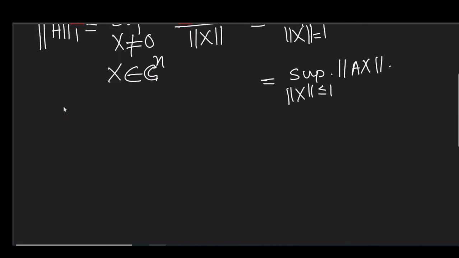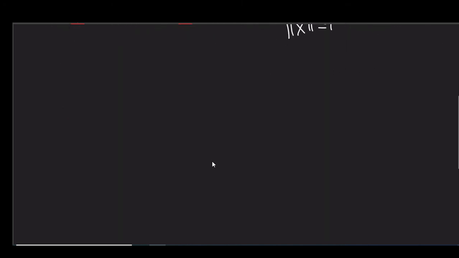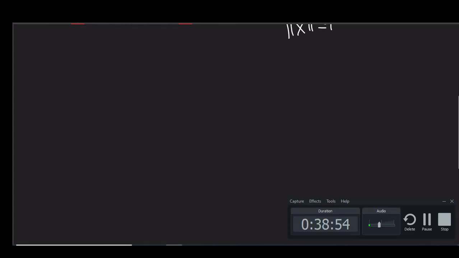Now, what it basically tells us is that we can verify whether this norm satisfies all the properties of a norm or not.